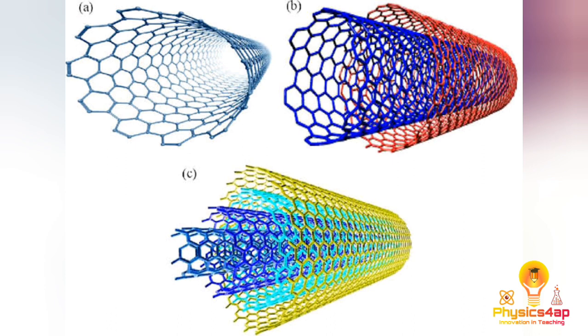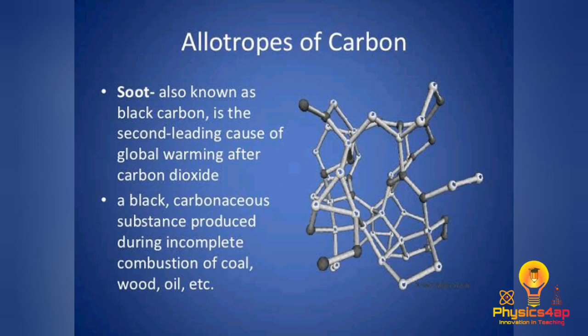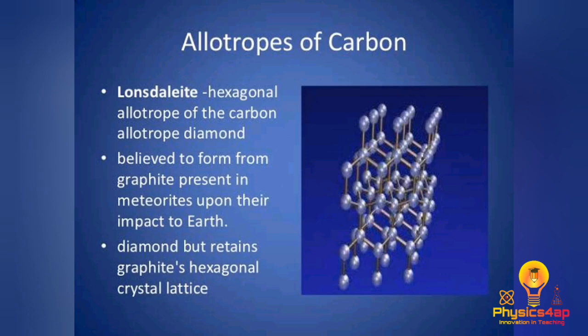The next allotrope of carbon is soot, which is also known as black carbon. It is the second leading cause of global warming after carbon dioxide. When we heat or burn anything, the soot which comes out is an allotrope of carbon. Another one is lonsdaleite, which is a hexagonal allotrope of carbon, just like a diamond.